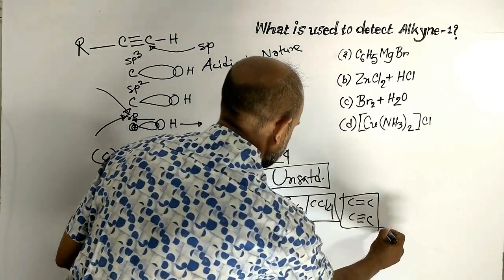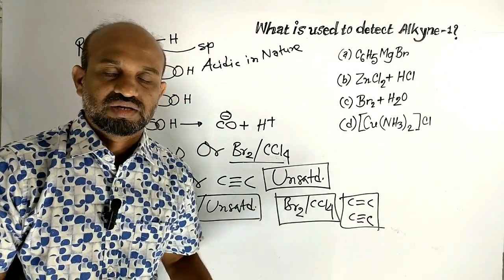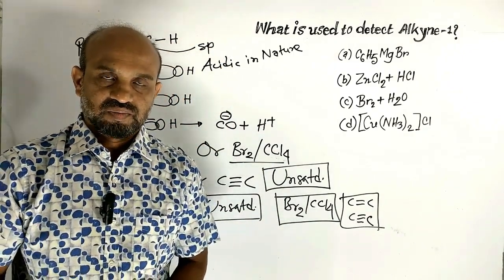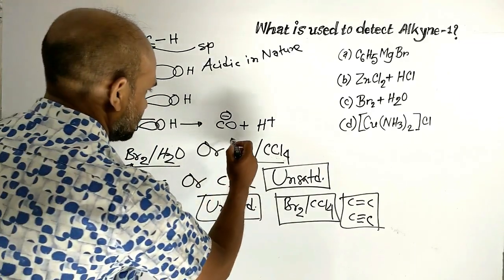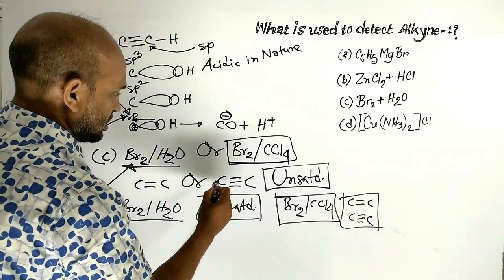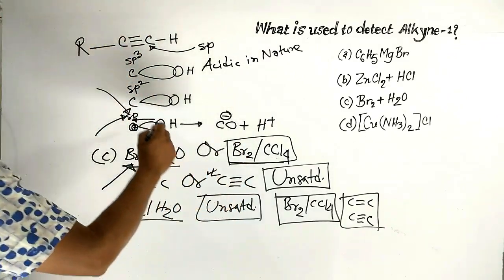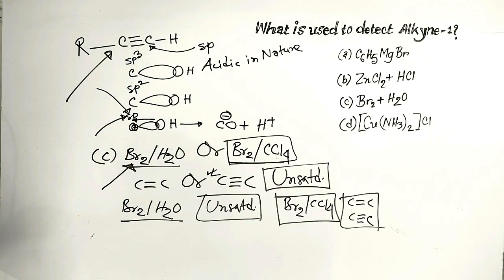That is, bromine in carbon tetrachloride is used to detect unsaturation. Bromine in water and bromine in carbon tetrachloride are used to detect unsaturation, but not to detect Alkyne-1.